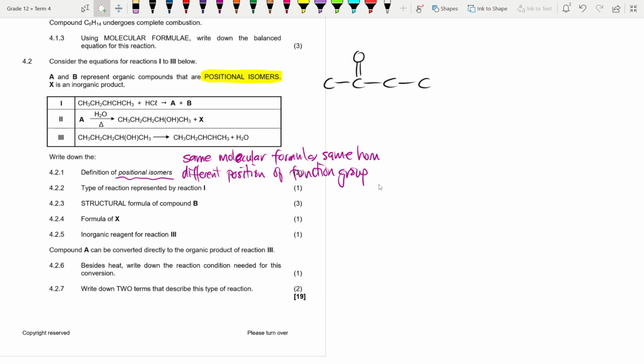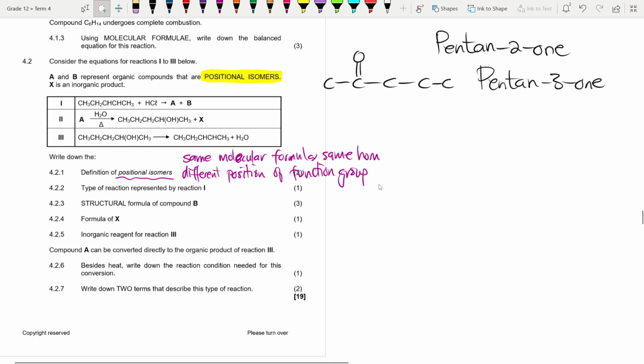Maybe I have to add another C so that they are different. So they are positional isomers because I move the functional group, but it doesn't change the fact that it's still a ketone. It's just pentan-2-one from pentan-3-one.